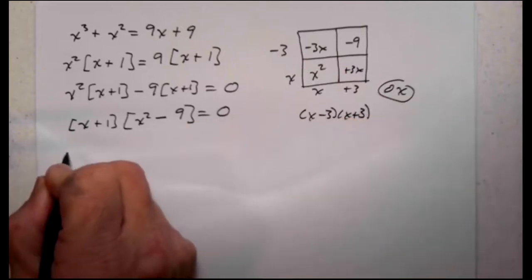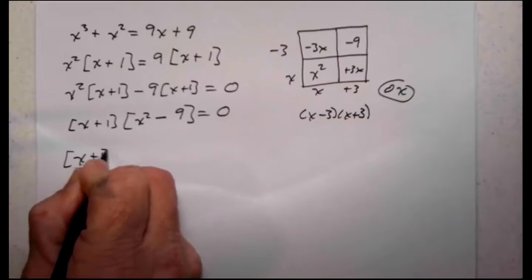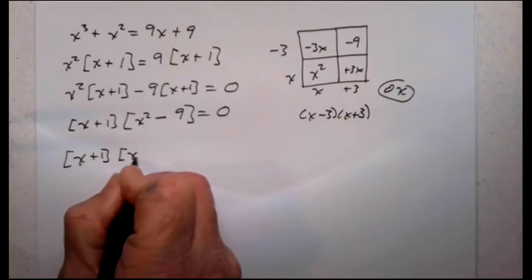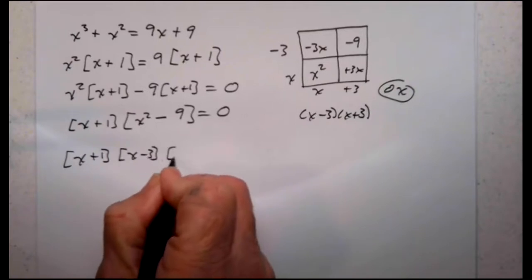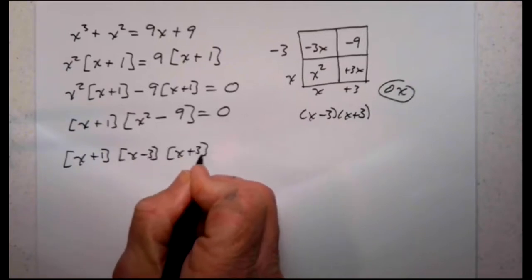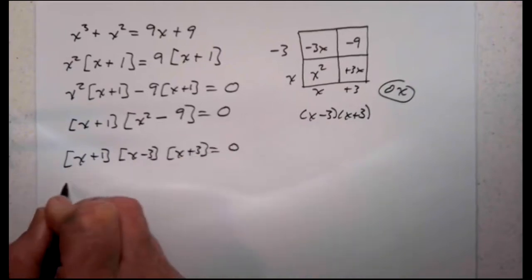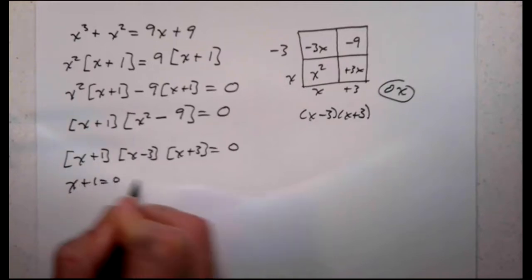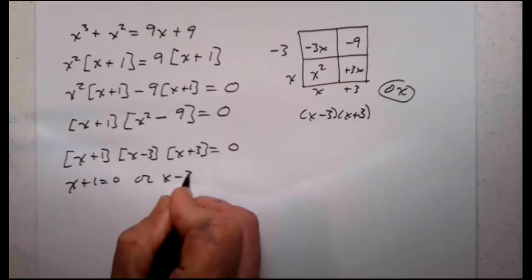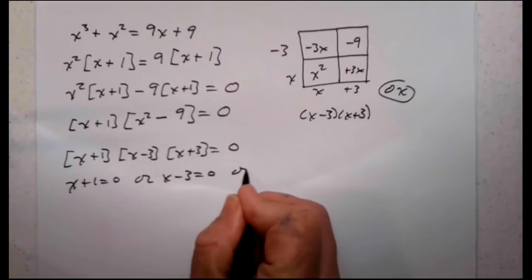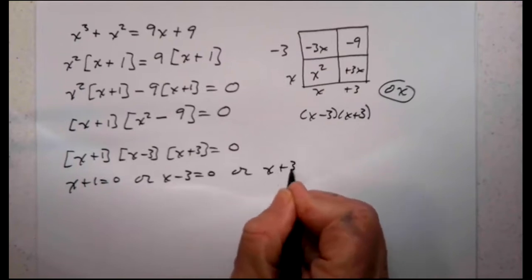So now we're here. We have x plus 1 times x minus 3 times x plus 3, equals 0. So x plus 1 is 0, or x minus 3 is 0, or x plus 3 is 0.